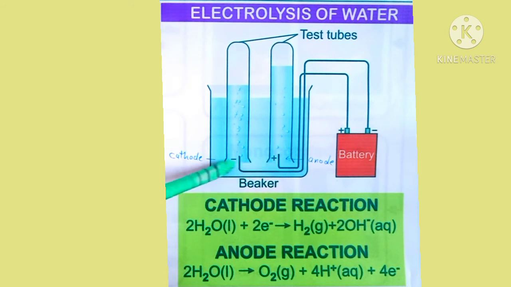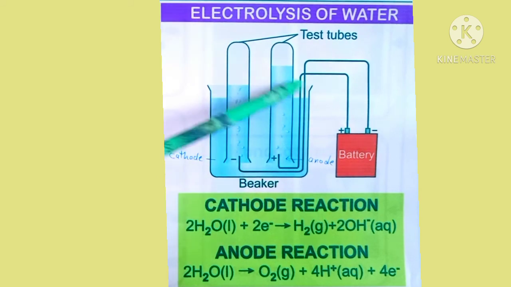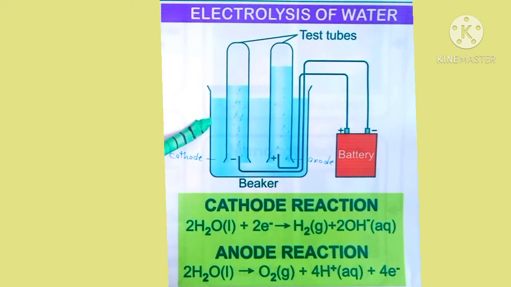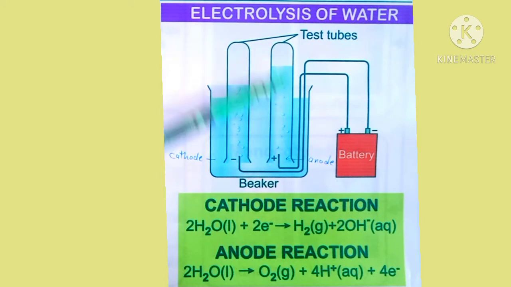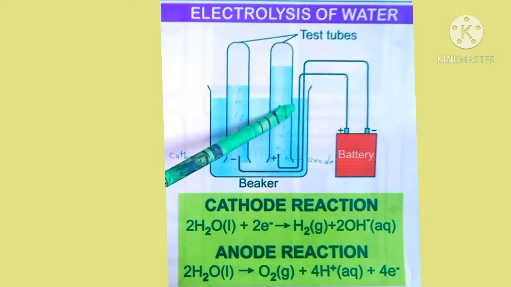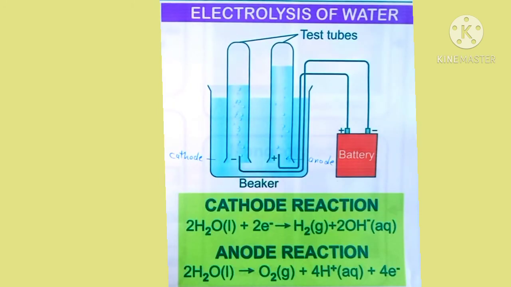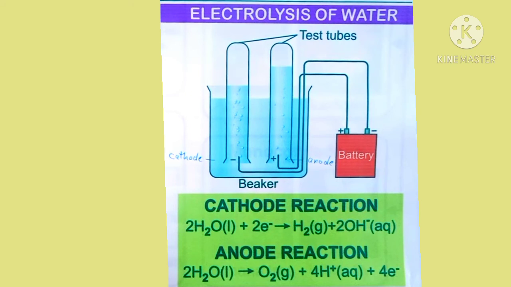So positive and negative terminals are reached here. Now we are going to fill this with water. Two test tubes are inverted in this manner. During the electrolysis of water, hydrogen and oxygen gases are released at cathode and anode. Let's see how.